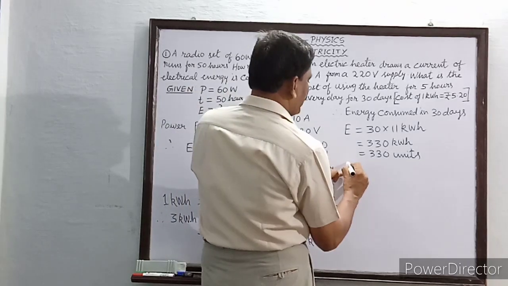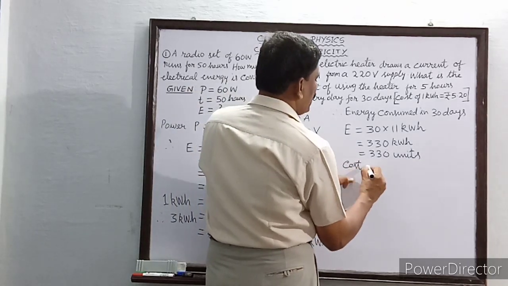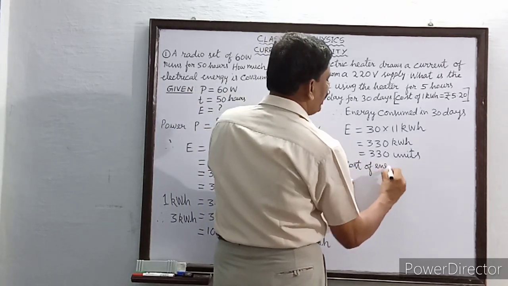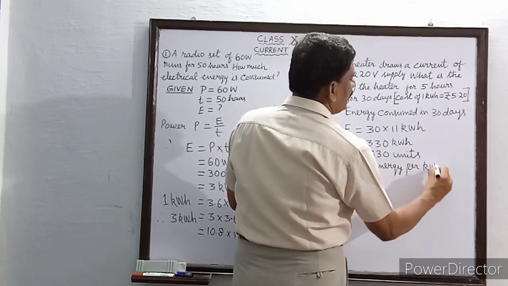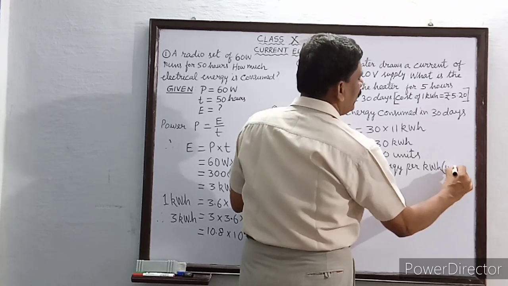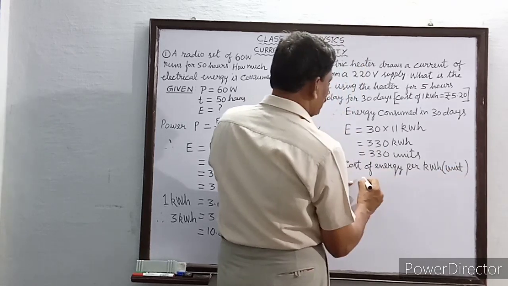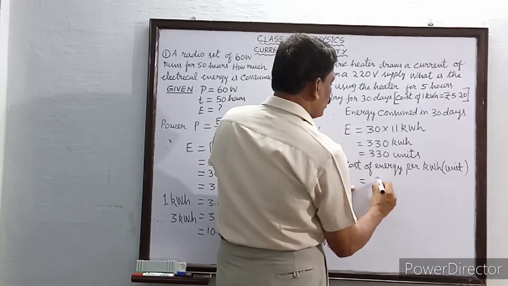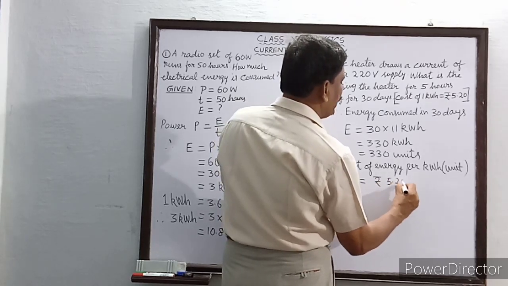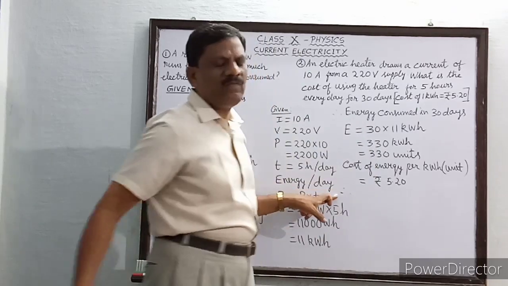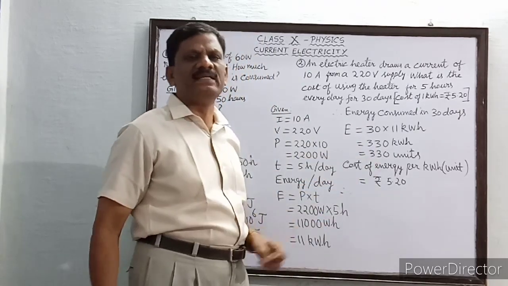5.20. So I can write the cost of energy per kilowatt hour, that is per unit, is equal to rupees 5.20. Therefore, we have to find the cost of how many such units?